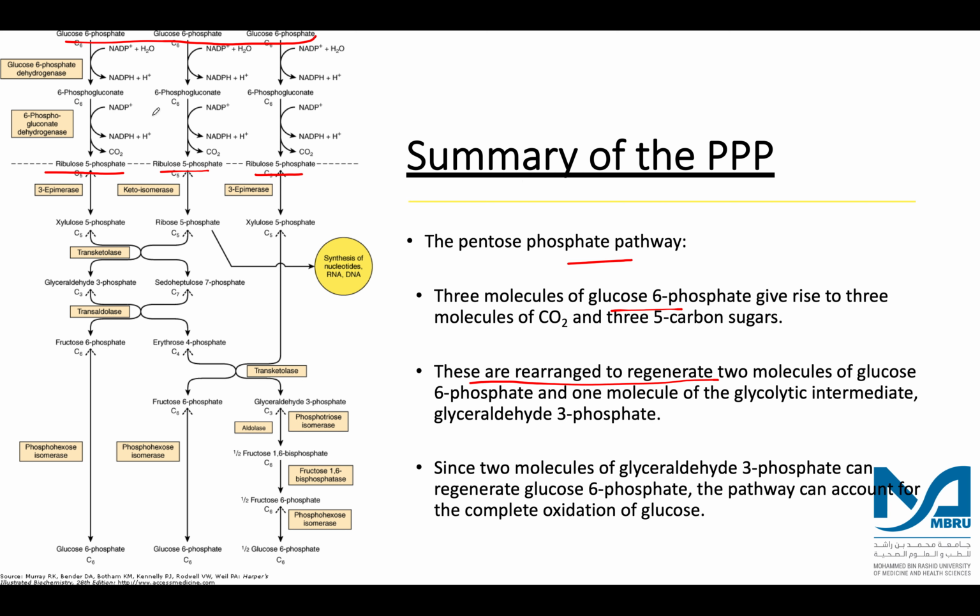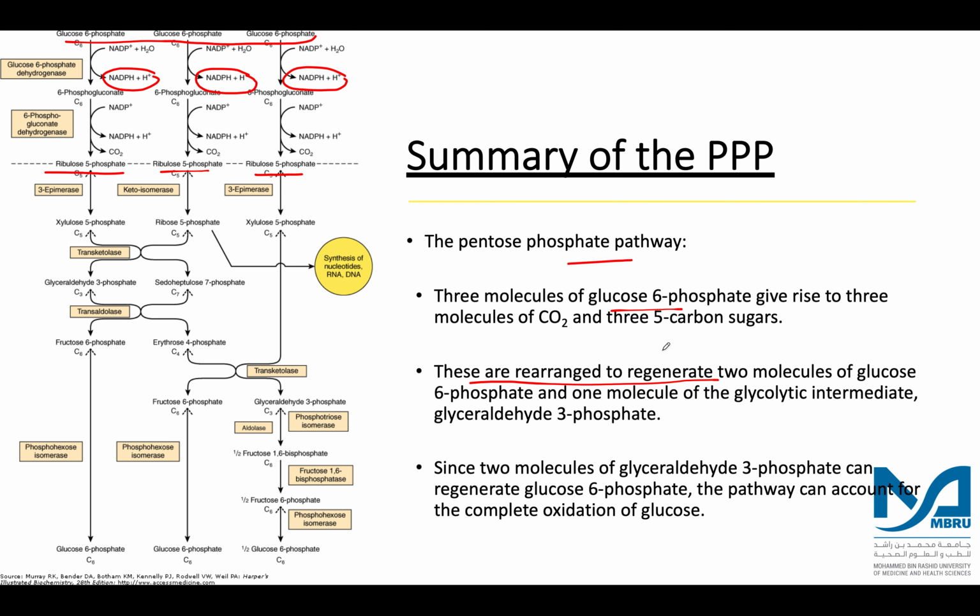In the process till here, we are also generating NADPH, which is the protonated form of NADP. And this NADPH is used for the synthesis of fatty acids and sterols, as well as to regulate the function of glutathione. So these are the two key aspects.